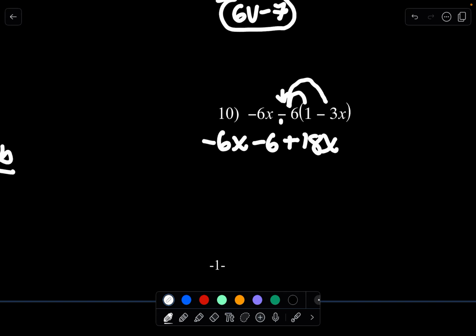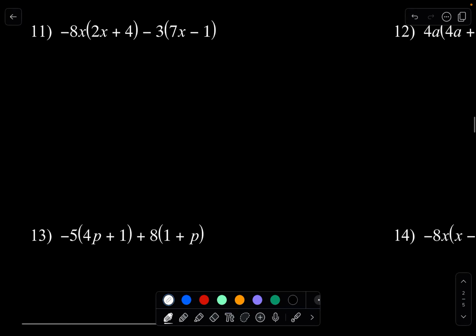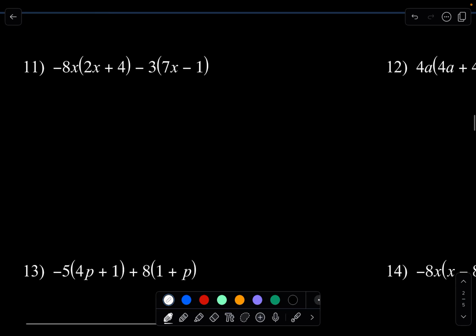You got to make sure you include that negative sign when you distribute. Then negative 6x plus 18x, I believe, is 12x minus 6. This is capitalizing on some previous knowledge.